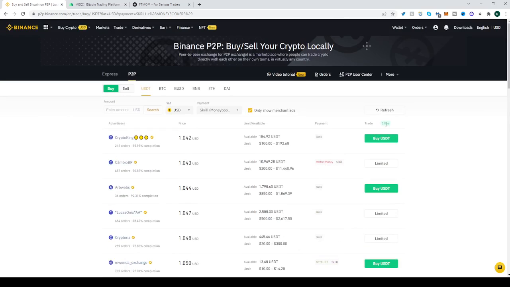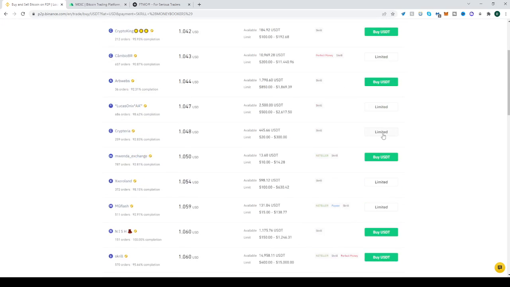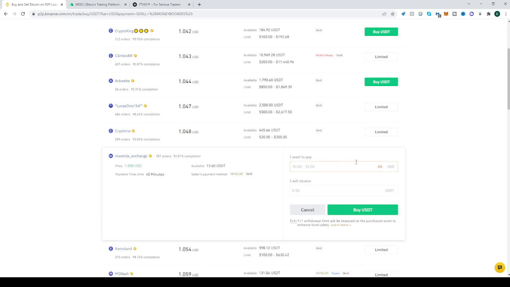The trades, as you can see, are 0 fee. Some are limited, some can be bought instantly. So when you click on it, you can select I want to pay a certain amount, because it's a bit of a bargaining, and I want to receive a certain amount.